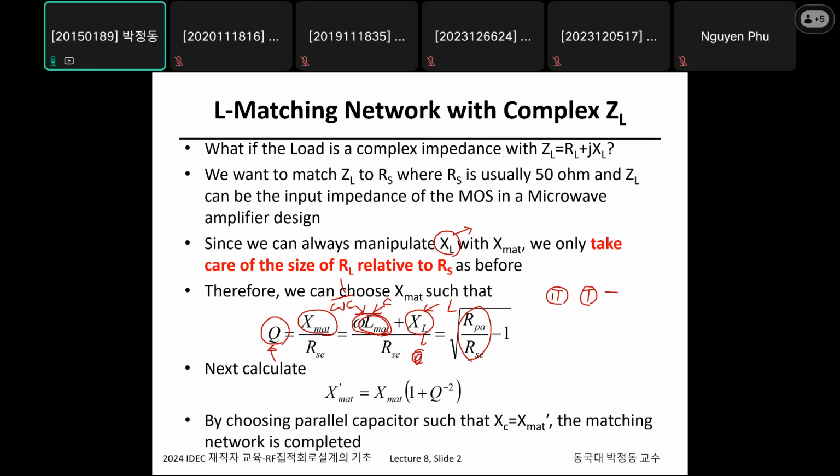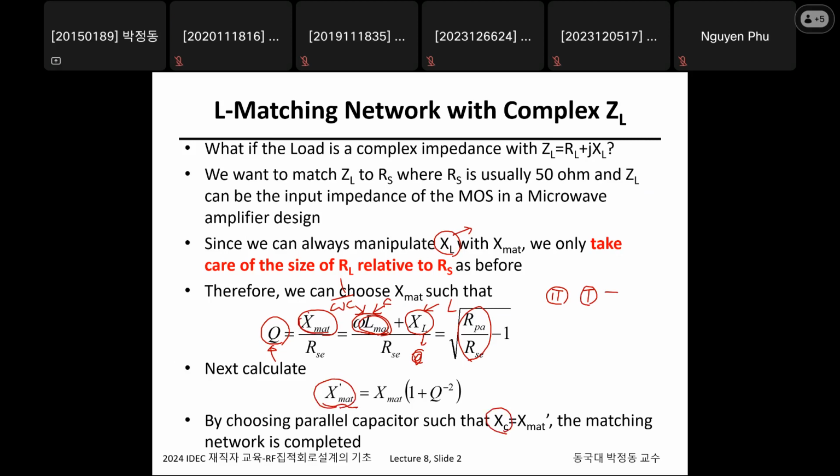So it depends on the type you have. Next, you just calculate the X matching prime, right? By choosing a parallel capacitor such that it resonates out with this XL, X matching prime, then the matching network is complete. Make sense?